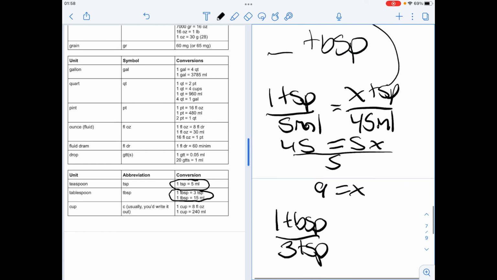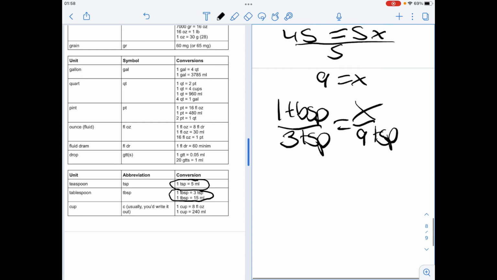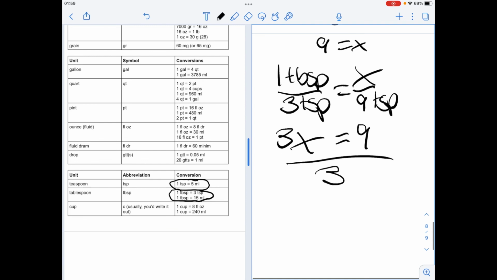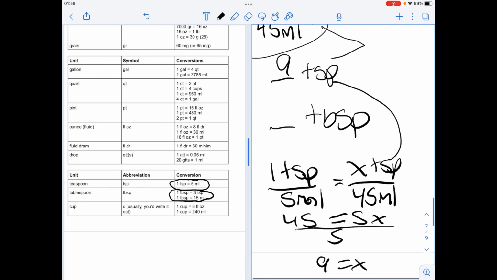And we have 9 TSP. And we're trying to figure out that TBSP. So that's where our X is, and we're setting that equal to each other because this is ratio proportion. So cross multiplying, 3x equals 9. Divide both sides by 3. And you get 3.